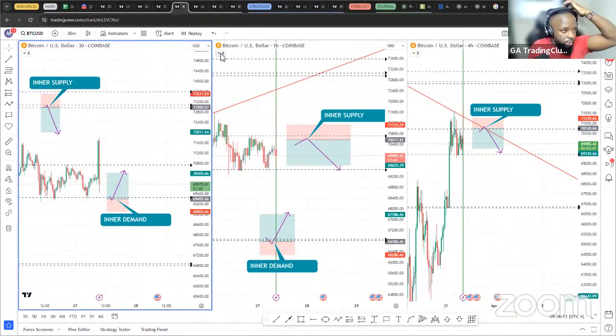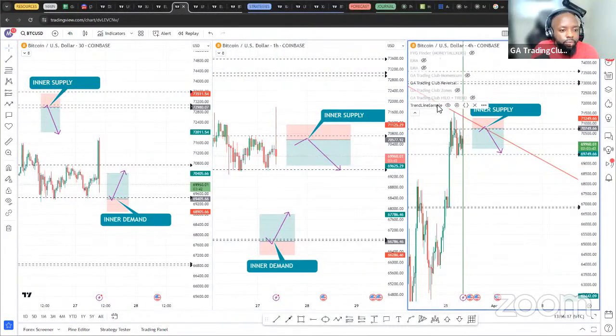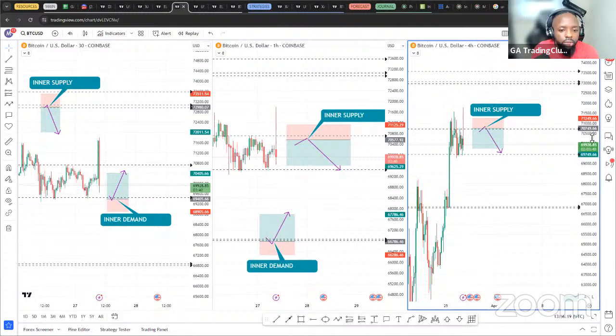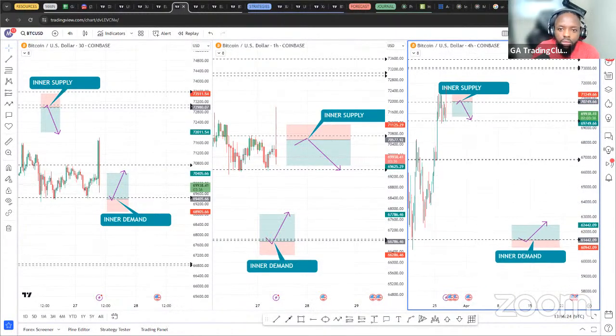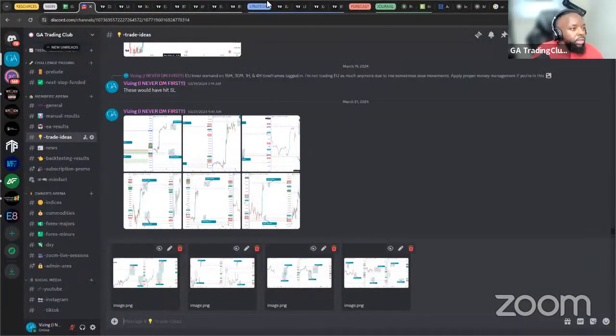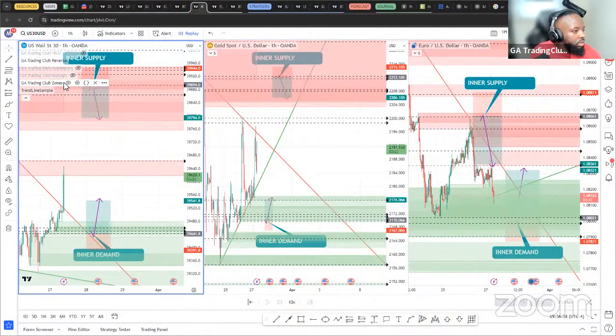Not bad. Bitcoin. BTC, and then the hourly timeframes for US 30, gold and EU.